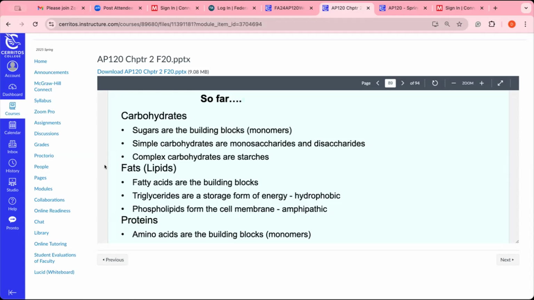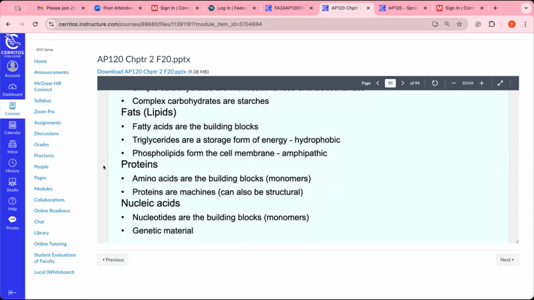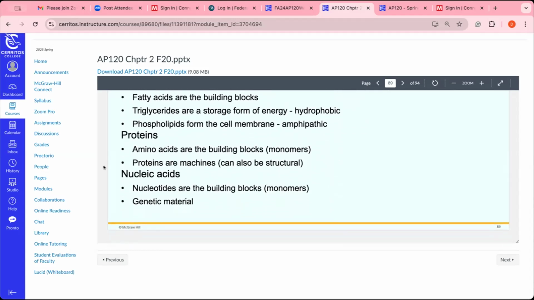And the amino acids are the building blocks, or the monomers, of protein. For nucleic acid, we have nucleotides as the building blocks, and nucleic acids form genetic material, like DNA.